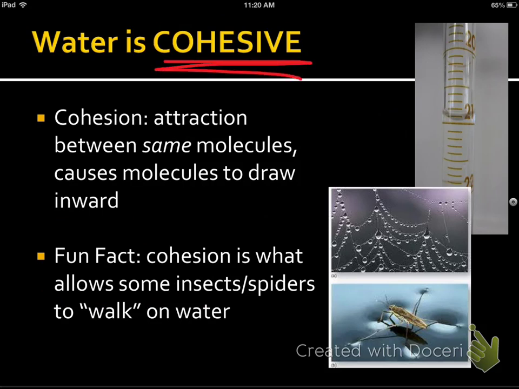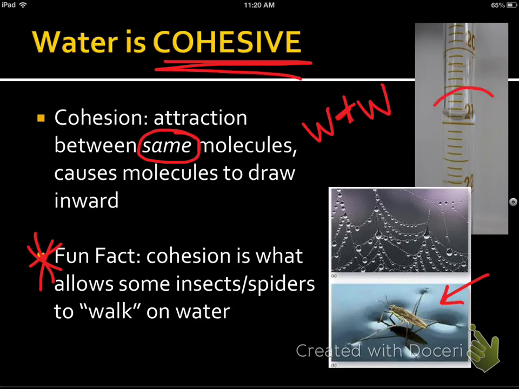So adhesive in general, I'm sure you've heard the term adhesive. Co means with. So cohesion is the attraction between the same molecules. So cohesion just means water plus water. So water molecules are attracted to each other. And then your fun little fact here is that because of cohesion, insects and spiders like this guy here can walk on water because water molecules are attracted to each other.